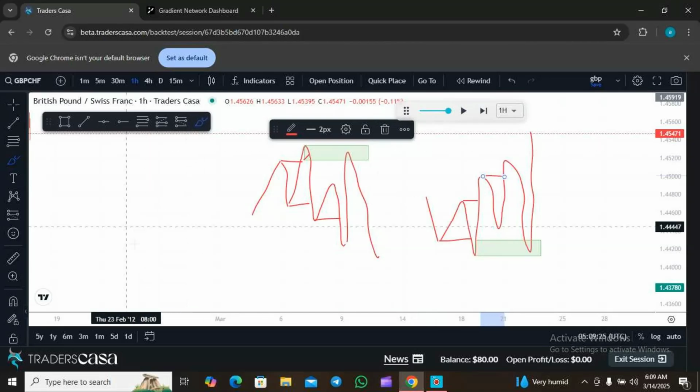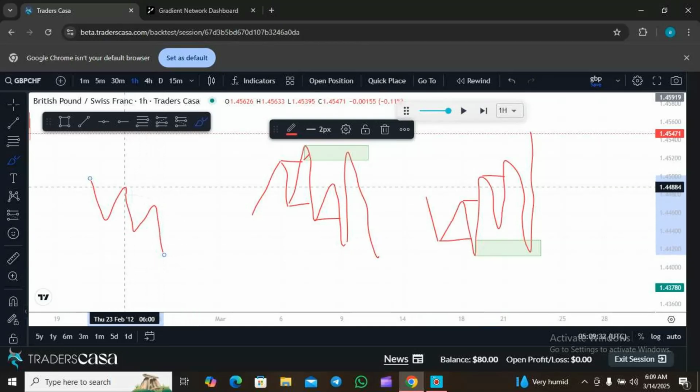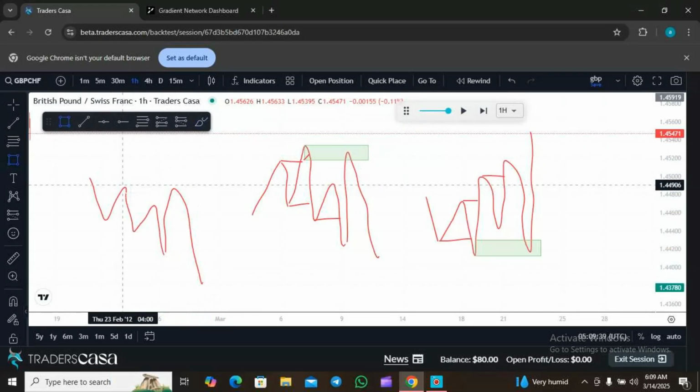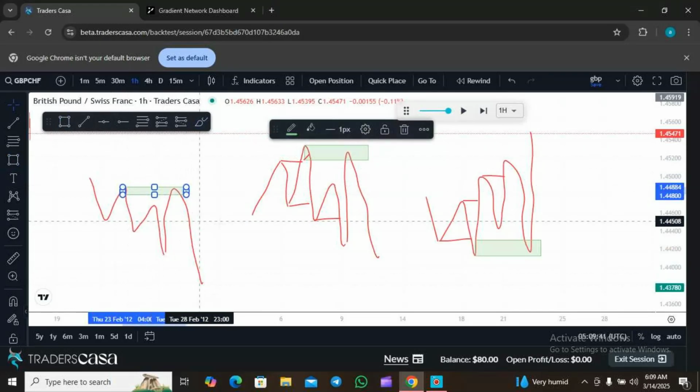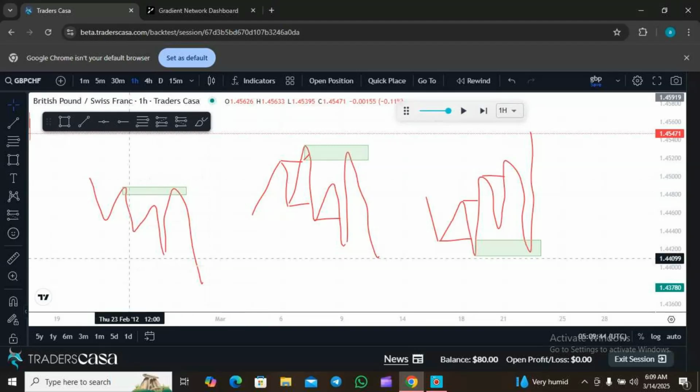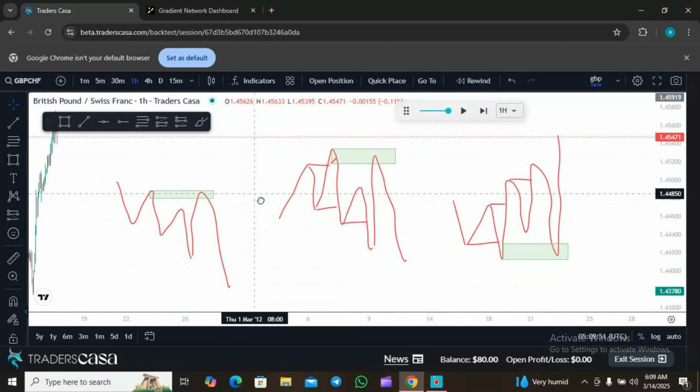Sometimes price can just move in aggressively like this, right? Then it comes to your high and then sells down. I call this shock liquidity with no sweep.